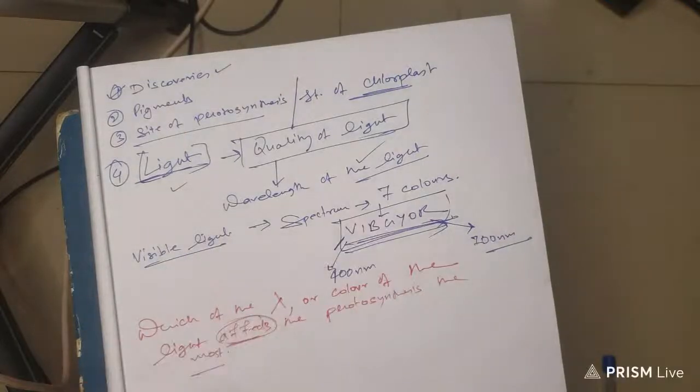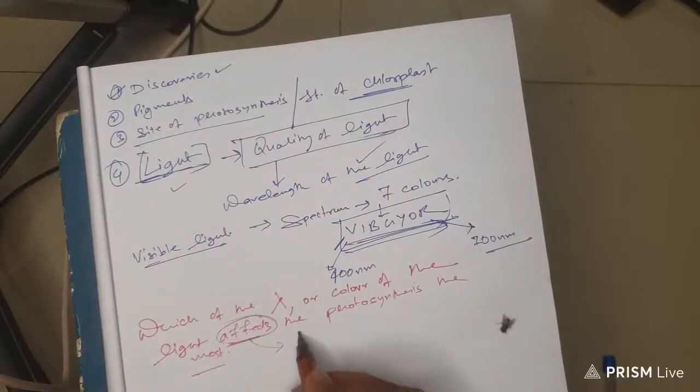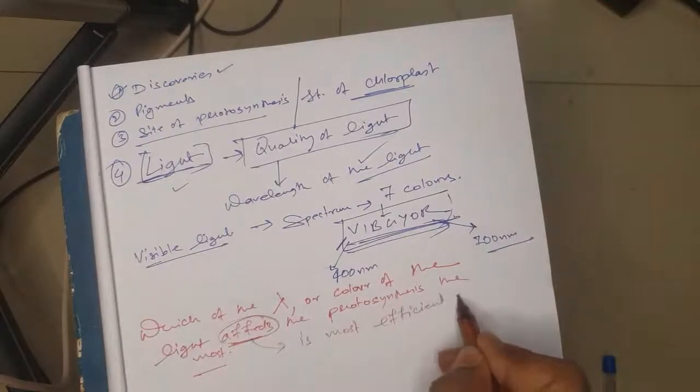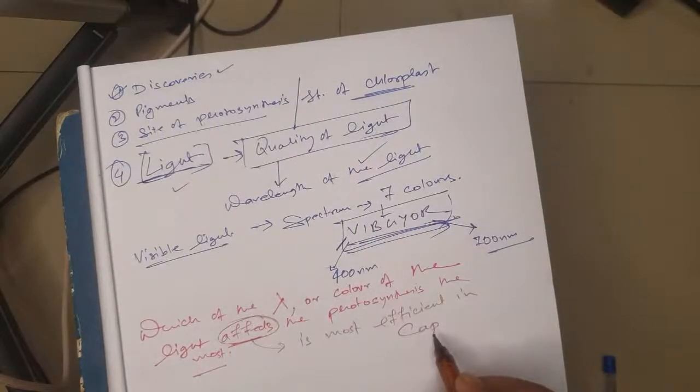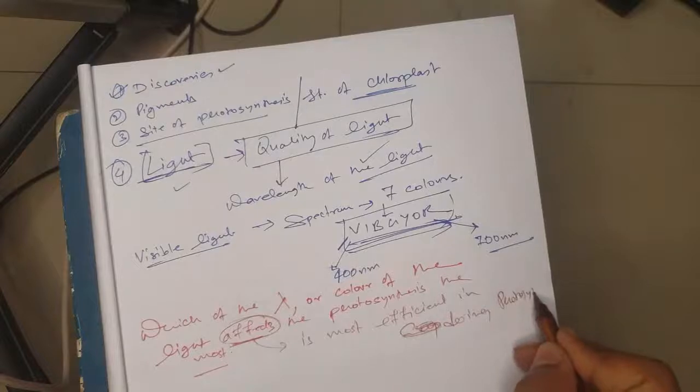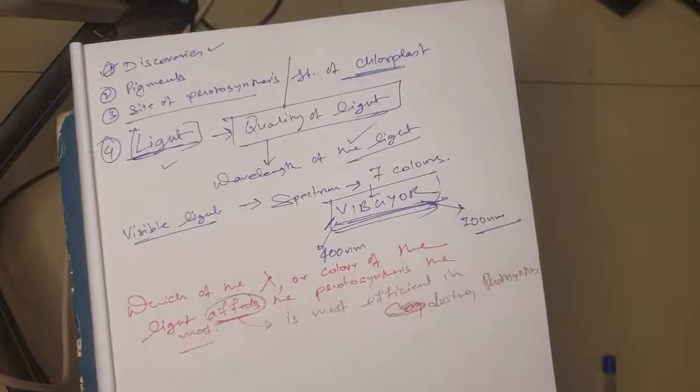What should I use? Which lambda, color of the light, is most efficient in capturing light, in doing photosynthesis. This can be the thing. Which light, and in which light does photosynthesis occur more. So that is the basic thing that we will learn in this.